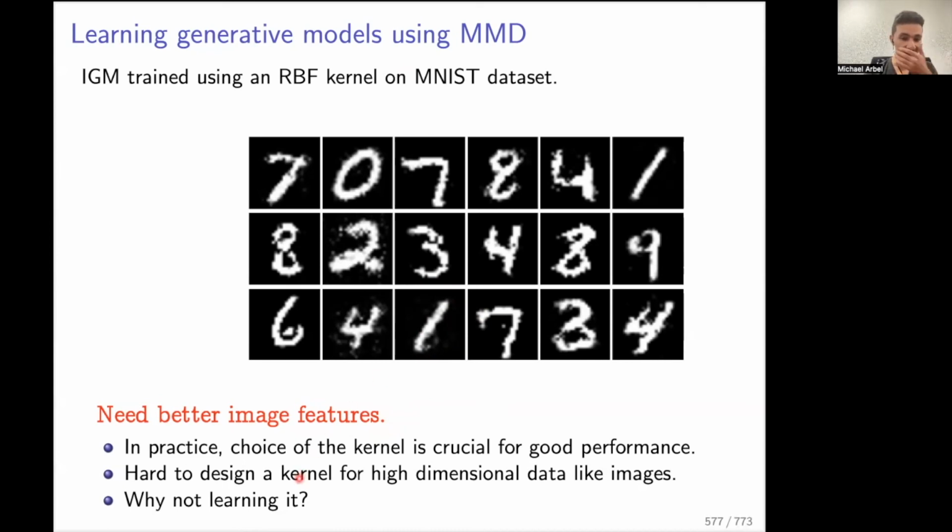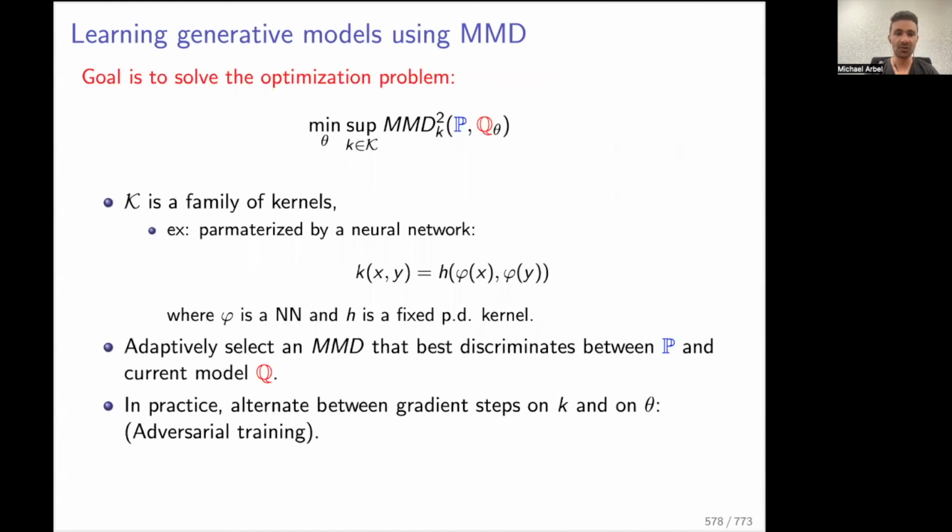But it's also hard to design a specific kernel for complex datasets like images. So one approach would be to learn these kernels. So a variant would be to, instead of just fixing a kernel at the beginning and then trying to optimize the MMD, instead one would consider a family of kernels, and among this family figure out which kernel maximizes the distance between P and Q, the model.